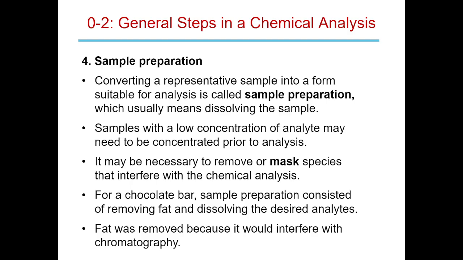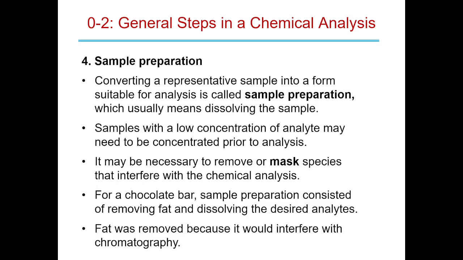Make it so that it's no longer visible, okay? Or that no longer interferes. This could include reacting it with something else. This could include binding it with something else, so it's no longer binding your sample. This can include a number of different ways of doing it, okay? But it's referred to as masking a species.